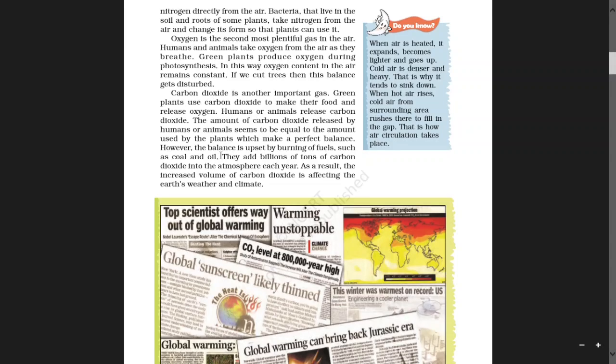It pollutes our atmosphere, which affects our plants and trees. They add billions of tons of carbon dioxide into the atmosphere each year. As a result, the increased volume of carbon dioxide is affecting the Earth's weather and climate.